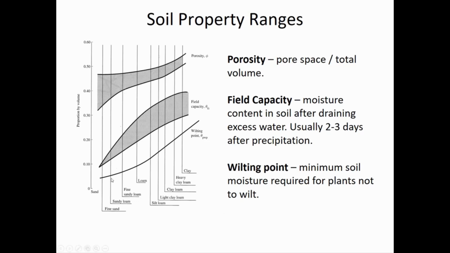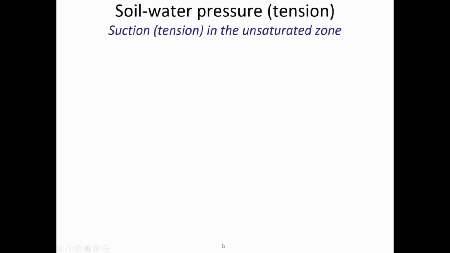Whereas the sands, on the other end of the spectrum, don't hold on to the moisture as tightly, and so you could get down to 5% water and still get plants able to extract the water from that soil. So the interpretation of all three of these trends, I think, is that the moisture moves more easily in sandy soils than it does through clay soils.